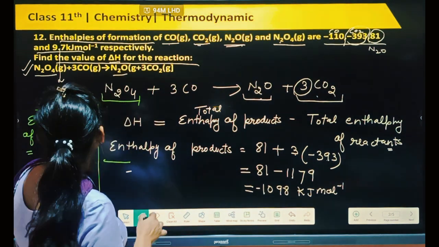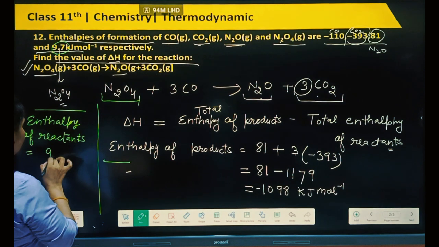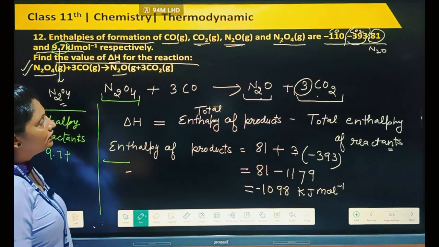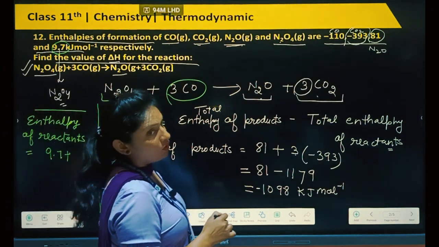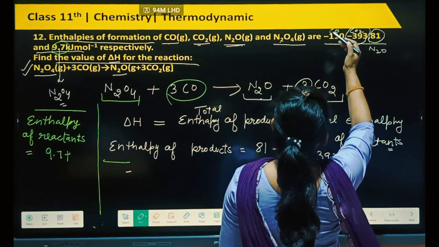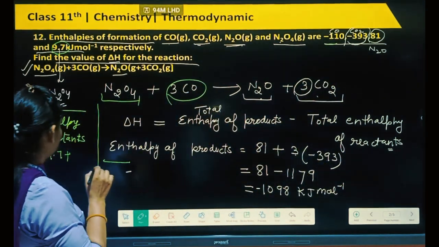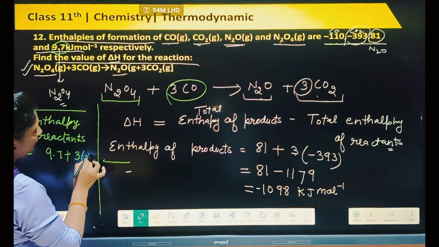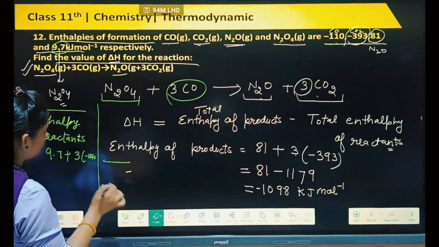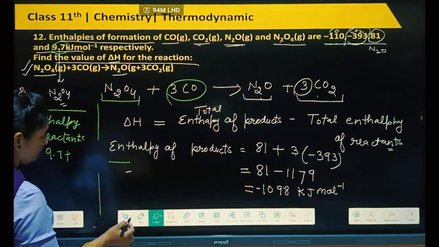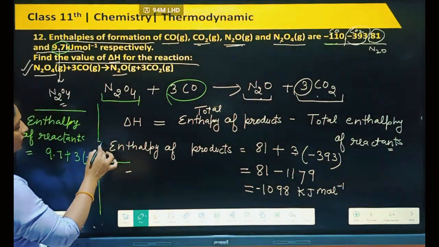For N2O4, what is the enthalpy? This is 9.7, plus for 3CO, what is the enthalpy? Minus 110. You will also multiply this by 3. So 3 into minus 110.